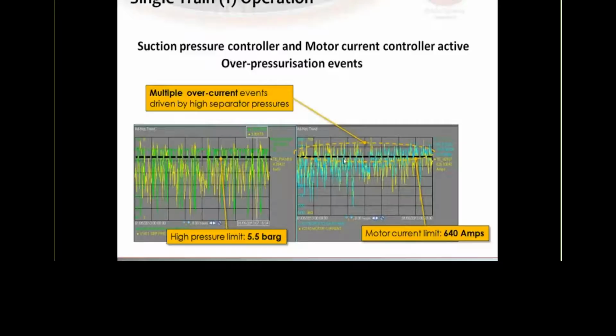During single train operation, both trains usually are operated with exactly the same amount of wells running. However, because train 1 has always had more head, a better performance, it can draw more flow.